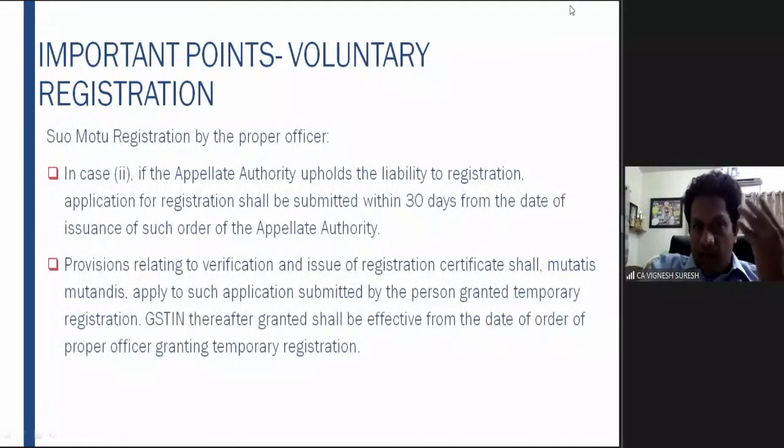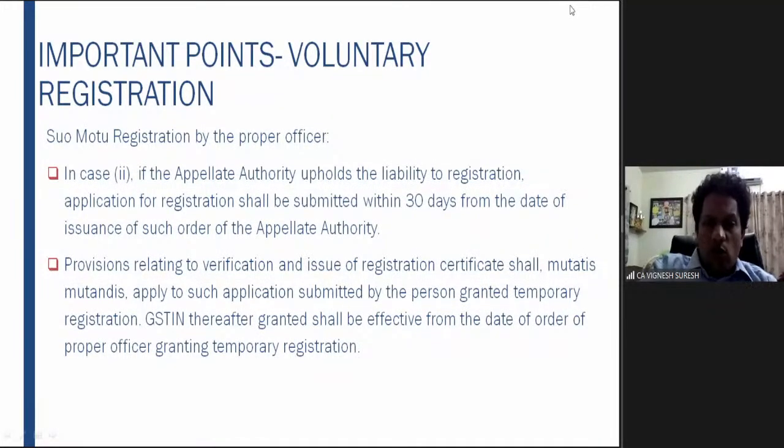Once the appeal is filed, in case the taxpayer disagrees with the temporary registration and files an appeal saying that I don't need to get registered, but still this person has temporarily registered me, and the appellate authority upholds the liability, saying that yes, you have to be registered, then the application for registration can be filed within 30 days from the date of the order of the appellate authority.